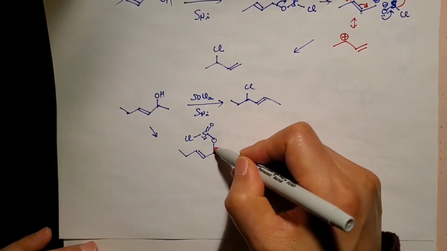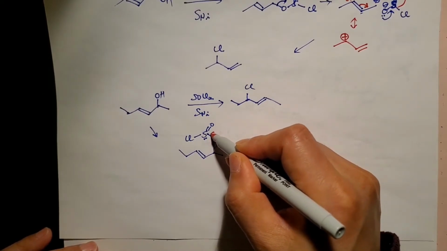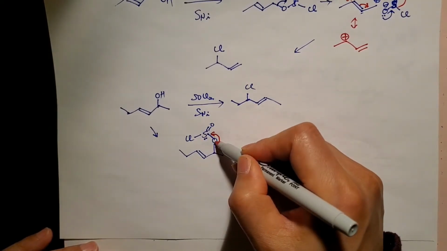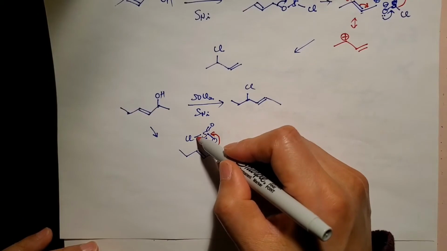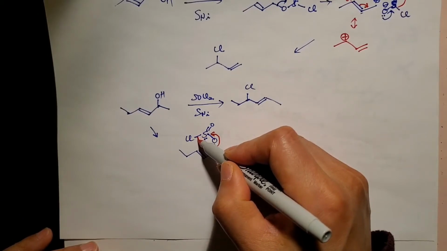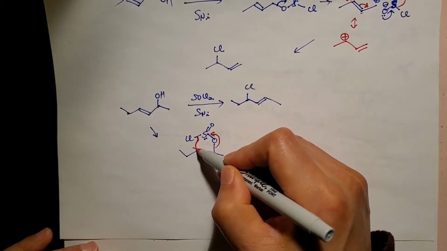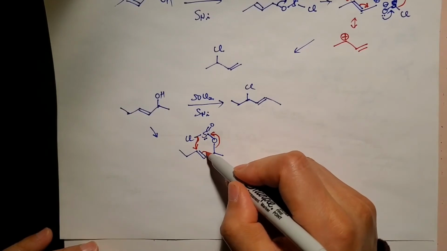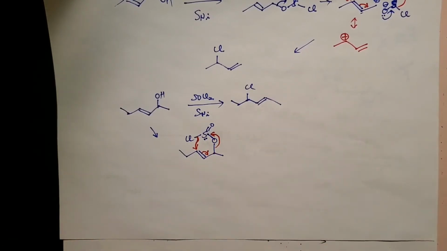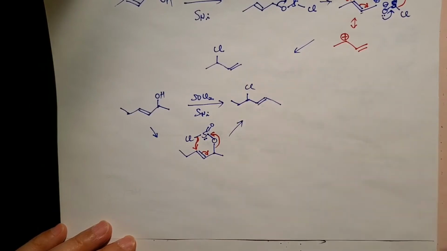So as this breaks off, you can form SO2, a stable gas, and then this gains electrons to the chlorine, but it can donate it to the double bond, and the double bond can push off, and this concerted mechanism is favored, and you can get this.